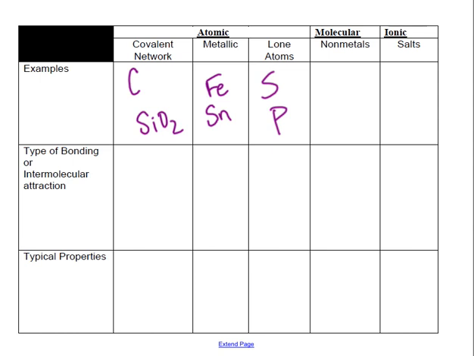Ice. Yeah. So a lot of substances, if we freeze them, things that are normally liquids, or like methane, CH4. Yeah, that's a gas, but theoretically we could freeze it and make it a covalent solid.